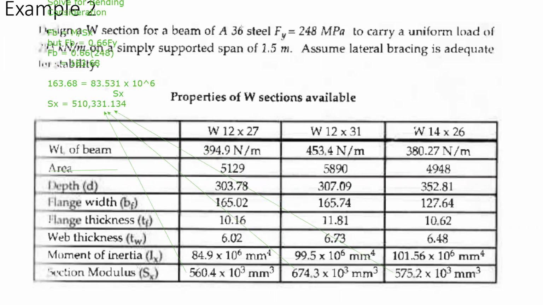And we choose the closest one, so it would be the most economical value of the section modulus. So we're going to try W12 by 27.